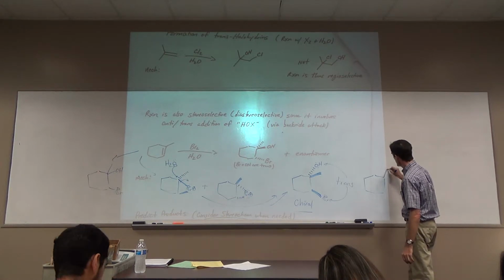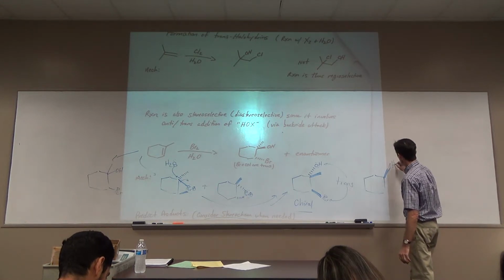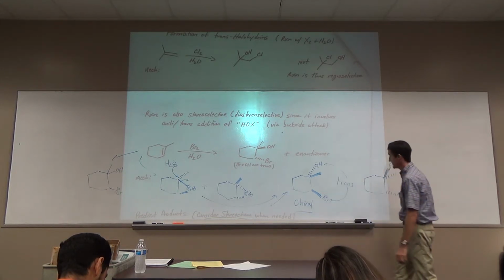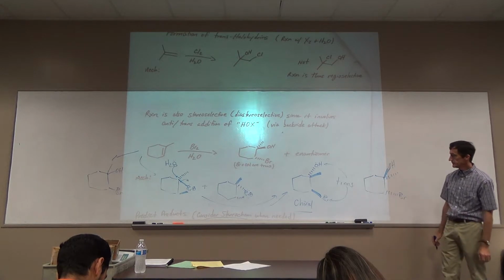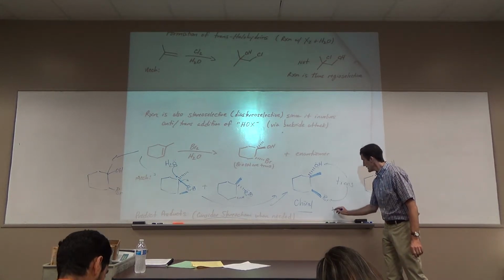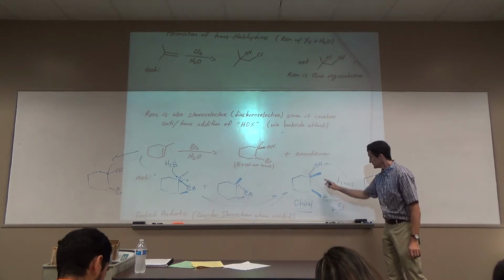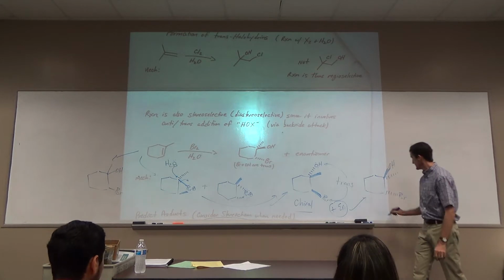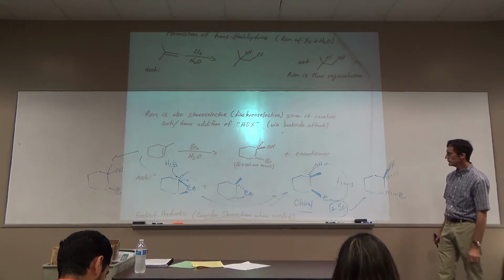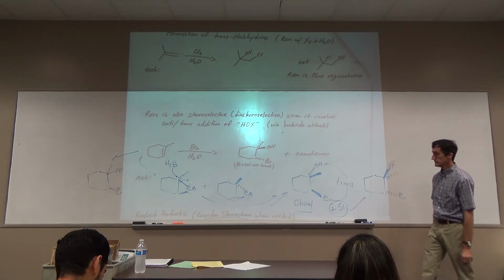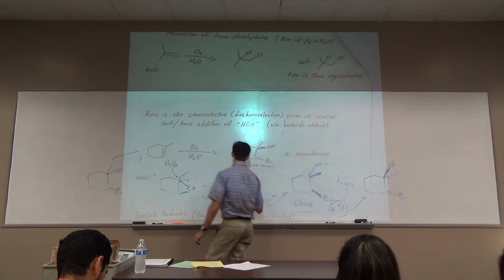The enantiomer is going to be OH, methyl, plus enantiomer. This is the enantiomer. We'll do more of this. How do you get the enantiomer? The enantiomer comes from water attacking here.